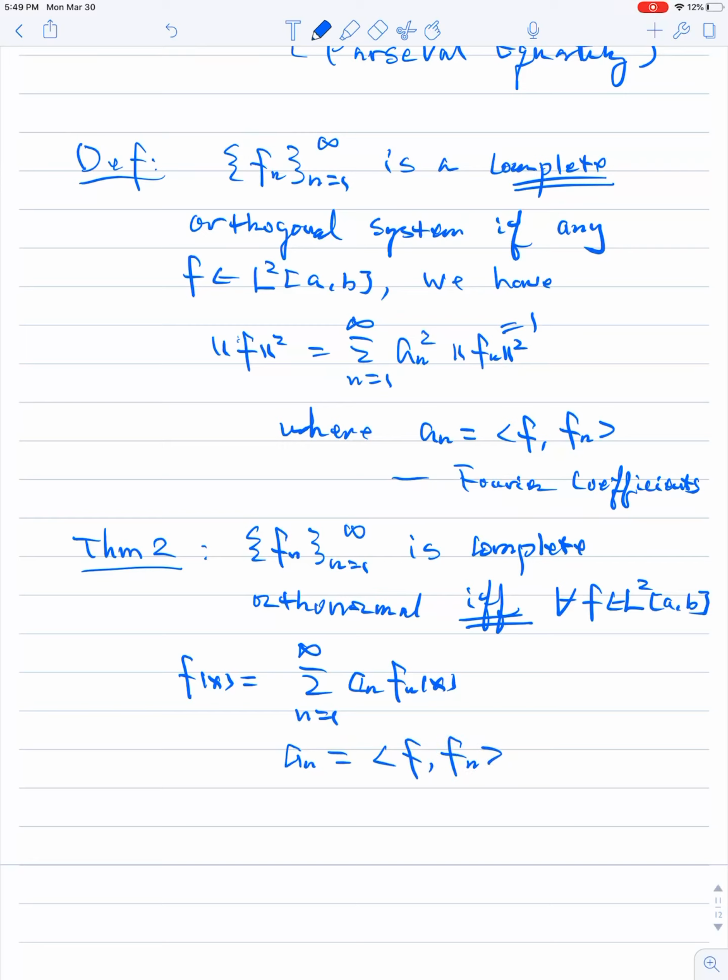So these are Fourier coefficients. This is the generalized Fourier series.